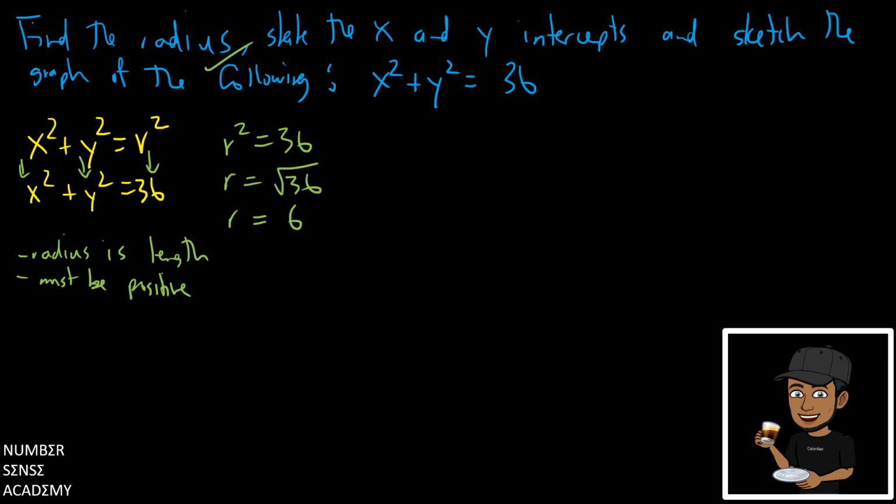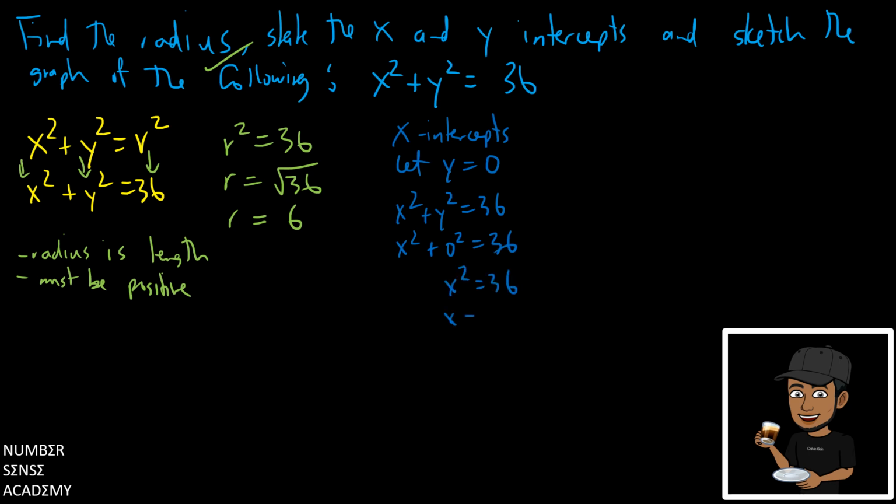Now let's find the x and y intercepts. So for the x-intercepts, we're going to let y equal 0. So I have x squared plus y squared equals 36. If y is 0, I have x squared plus 0 squared equals 36, which means x squared equals 36.